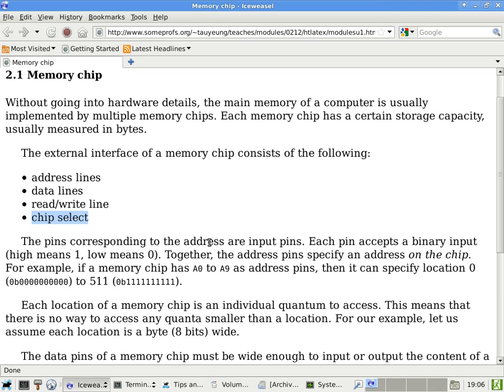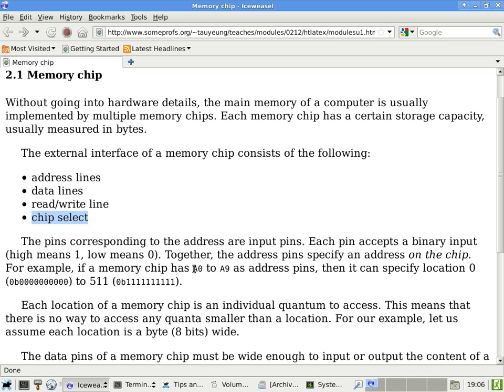The pins corresponding to the address lines are input pins. Each pin accepts a binary input, which means it is either a 1 or a 0. In this case, usually high means 1 and low means 0. The address pins together, collectively, can specify an address on the chip itself.